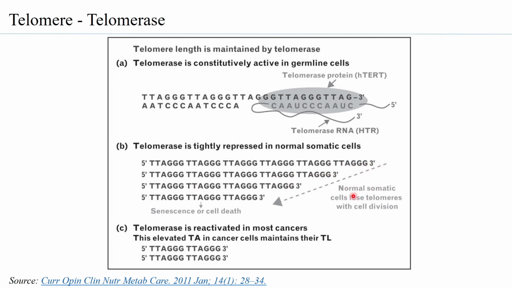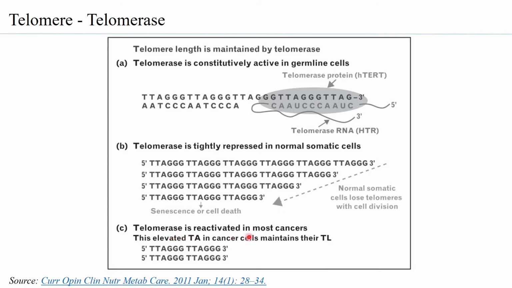And since end replication does not happen, every replication cycle, you will find that the telomere length is decreasing. When the telomere length reaches a certain critical length, then one observes that the cell starts to age or the cell undergoes cell death. So this is something that is very clearly associated with telomere shortening.